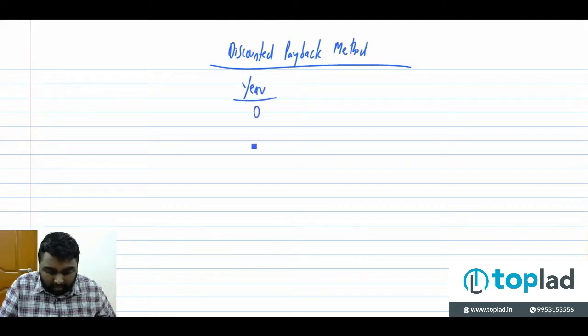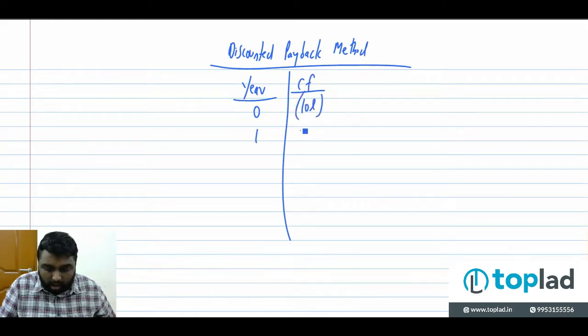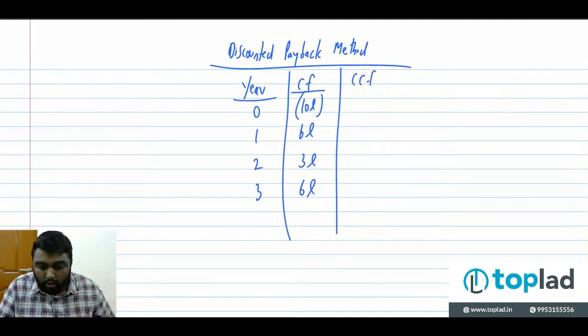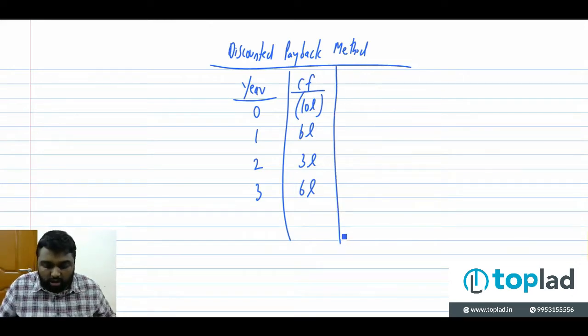Let's take an example. We have 6 lakh, 3 lakh, 6 lakh. See here, we won't go directly to cumulative cash flow. We know our cost of capital.